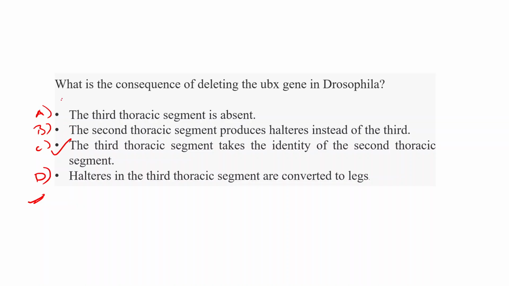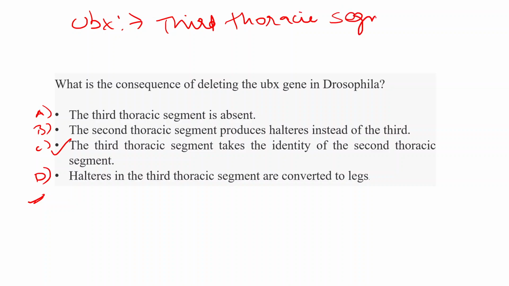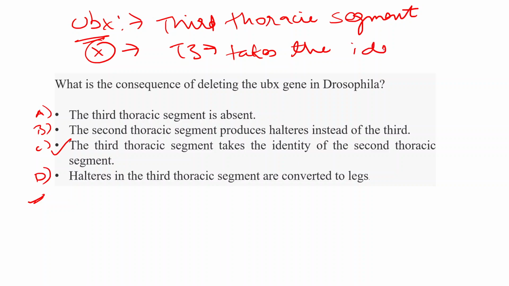So what happens is that ultrabithorax UBX specifies the third thoracic segment. So if UBX is deleted, T3 loses its unique identity and takes the identity of T2.